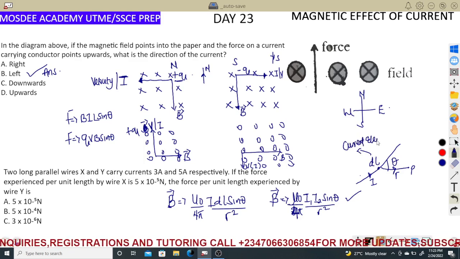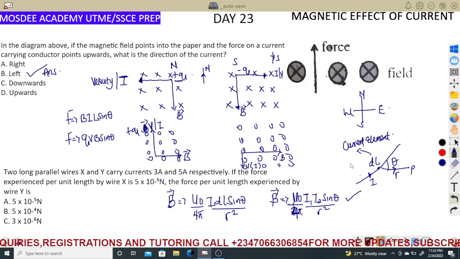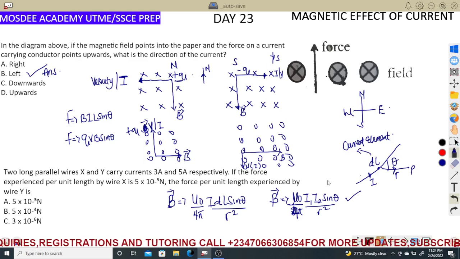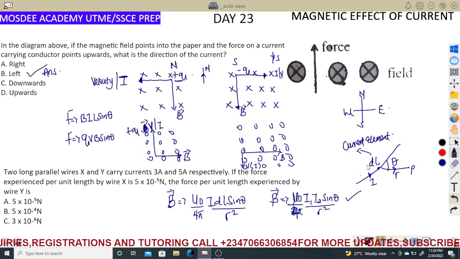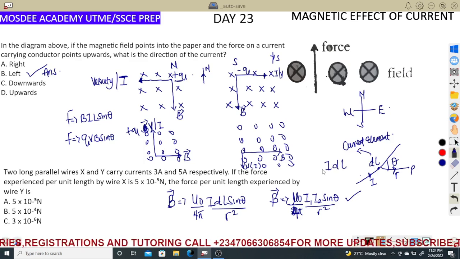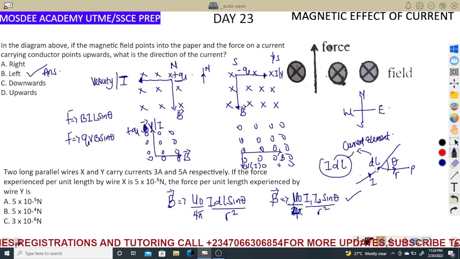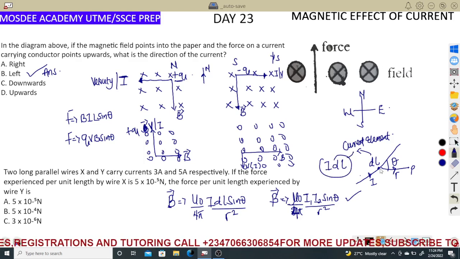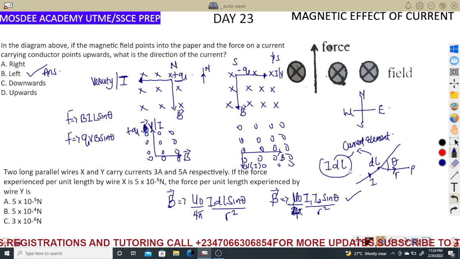At your level, you may not need it now, but later, whether you like it or not, when you get to school, you are still going to talk about all this stuff. So we consider just the elemental current. We call it I dl. That is what we call the current element. So it's a current with a very, very small length. We now multiply current by dl, which is measured in ampere meter.